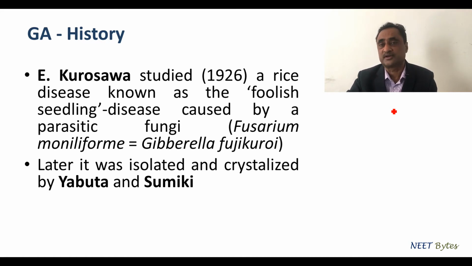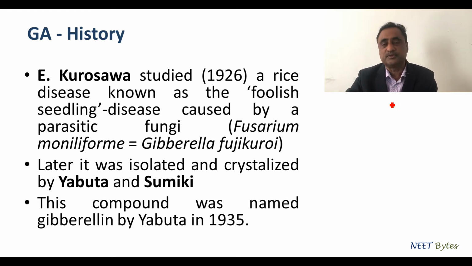At that time the perfect stage was not known, and the fungus was named Gibberella fujikuroi, which belongs to the ascomycetes. Later it was isolated and crystallized by Yabuta and Sumiki, but the name gibberellin was coined by Yabuta. So the credit for coining the name gibberellin goes to Yabuta, okay.